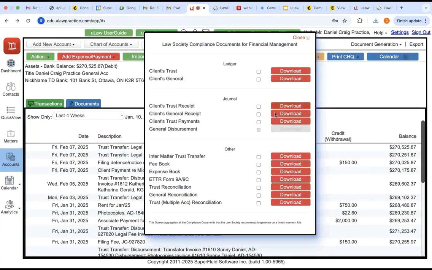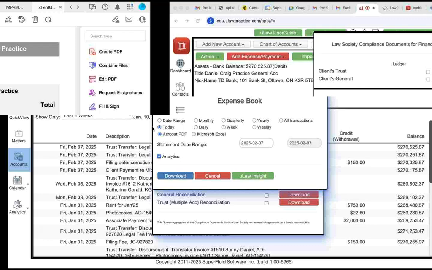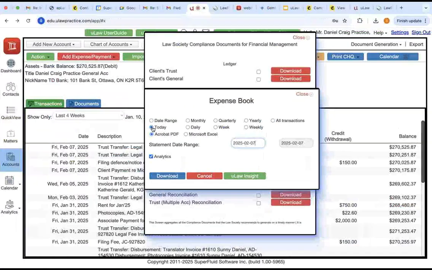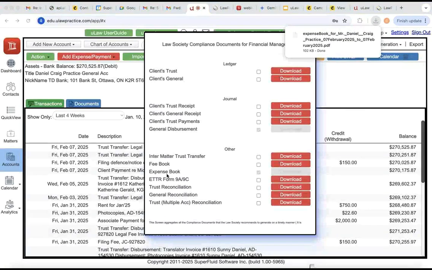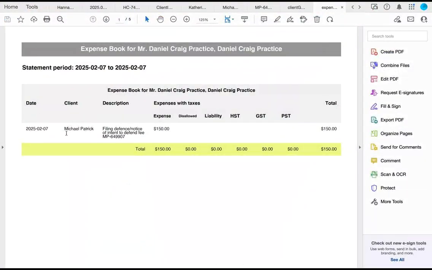Okay, when you go back in, and let's say we also download an expense book here, because it was 2 in 1. Remember, I also entered the top portion of the disbursement journal and the bottom portion. So the top portion was what went into the general disbursement journal. Now, when I do an expense book, it should show the $150 as a reported expense into the expense book as well, saying that this was paid out using, there you go.